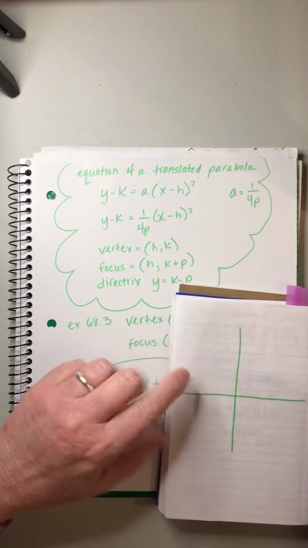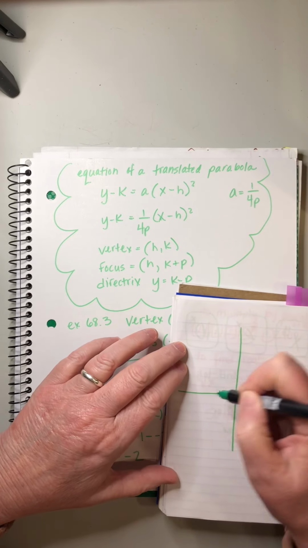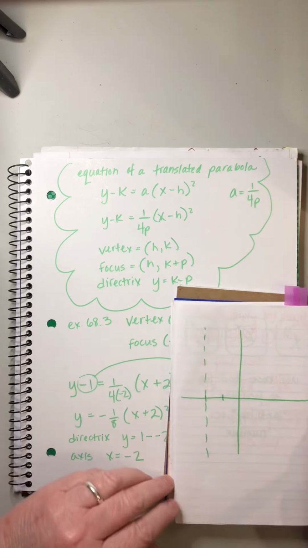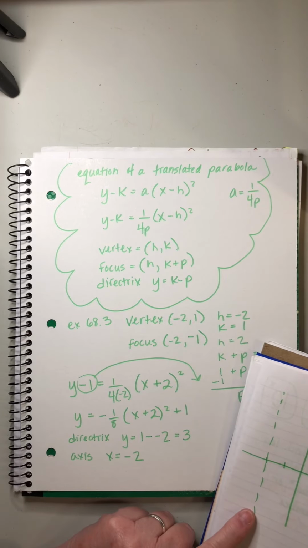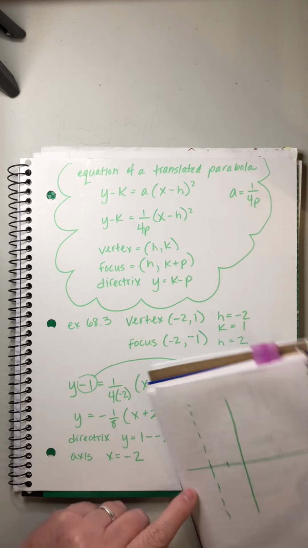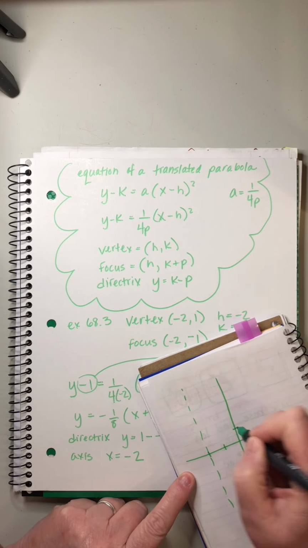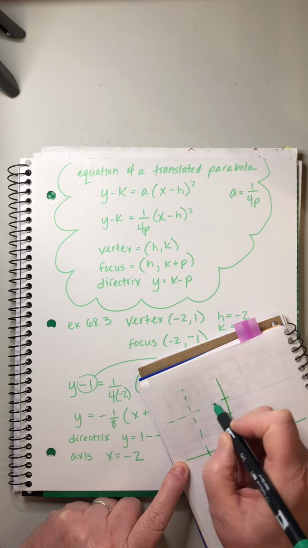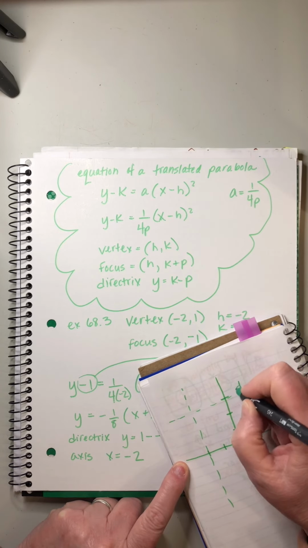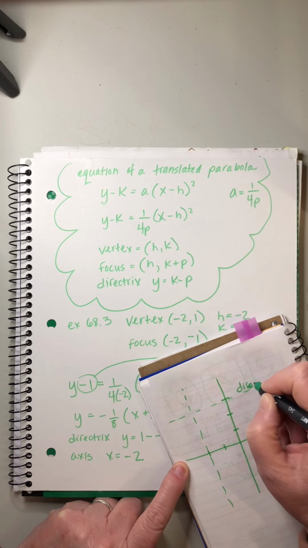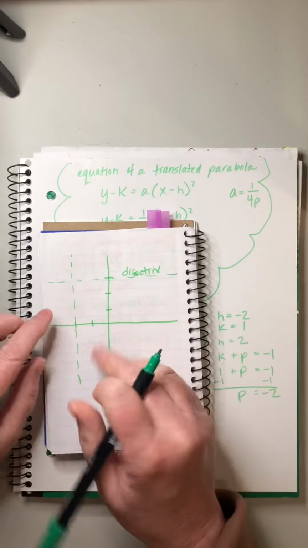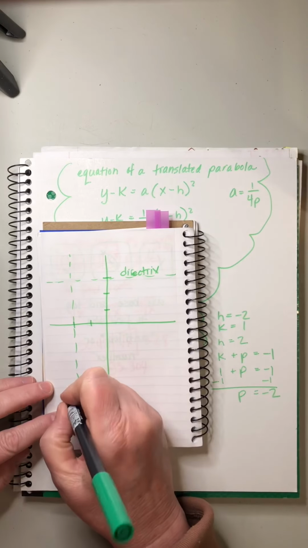So let's do this. There's 1 and 2. So here's our axis of symmetry at -2. The directrix is at +3. So let me mark that off. Okay, here's my axis of symmetry.